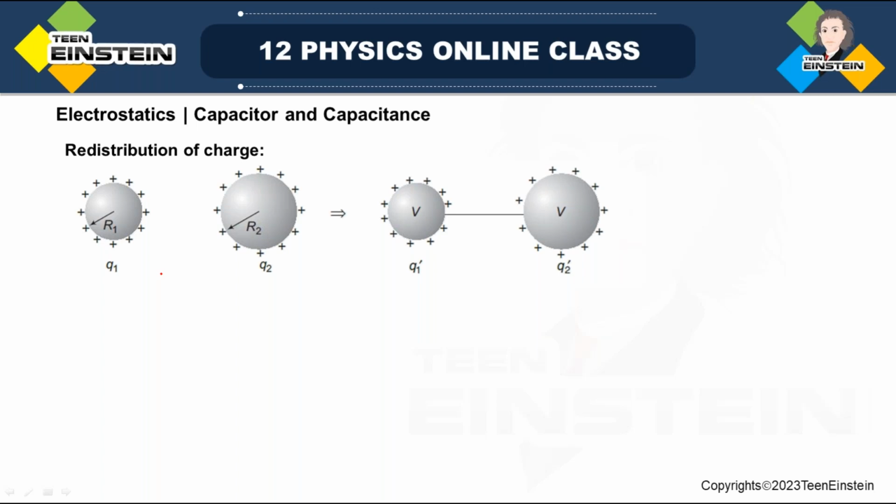Each of them has radius like R1 and R2. They are not equal anyway. After they are connected with the conducting wire, see their potential becomes equal, but the charge stored by them will be different.